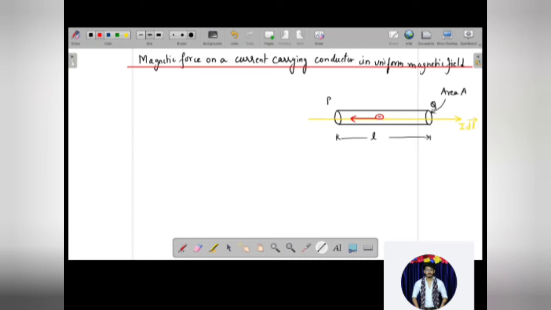So this is going to be the direction of the electron from Q to P, correct? This is going to be, let's say, Vd, the drift velocity of the electron. The current is flowing from P to Q, the electron is drifting from Q to P.